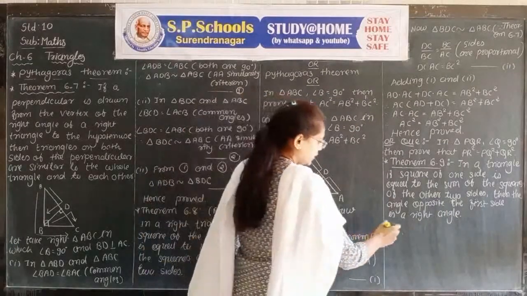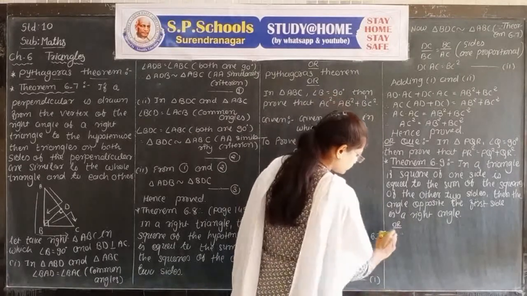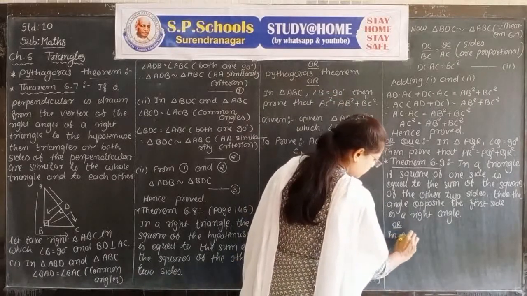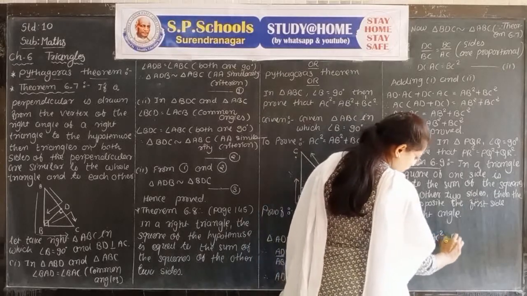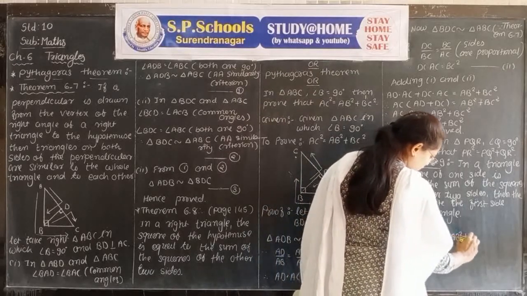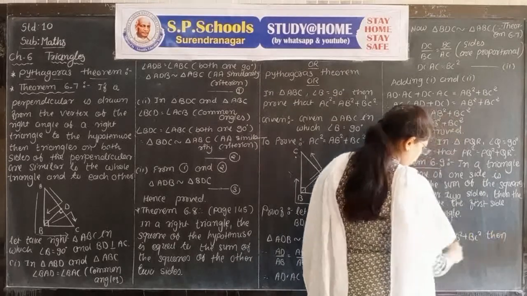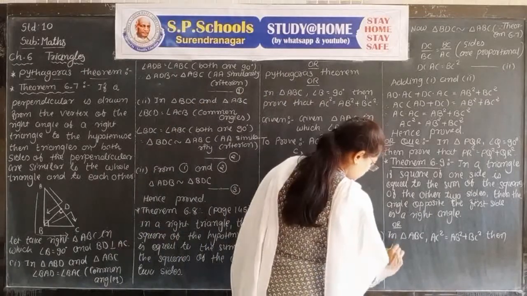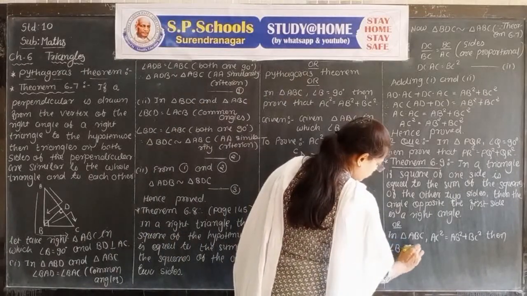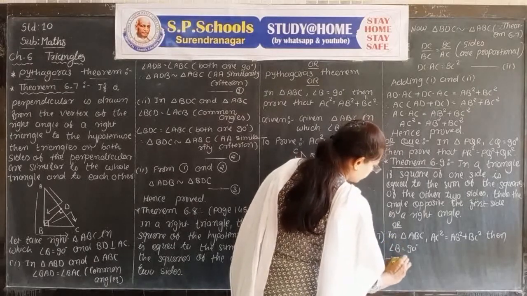Or the statement can be written as follows. In triangle ABC, if AC square is equal to AB square plus BC square, then the angle opposite to the first side, which is AC, that is angle B, is equal to 90 degrees. It is called the converse of Pythagoras theorem.